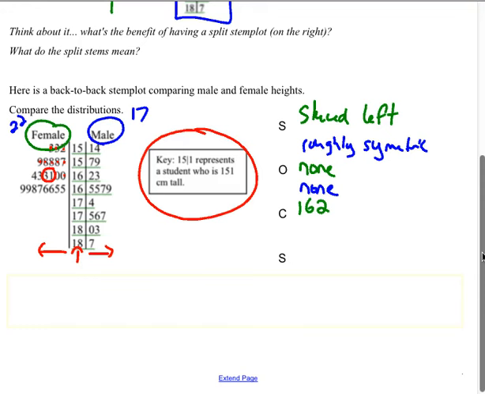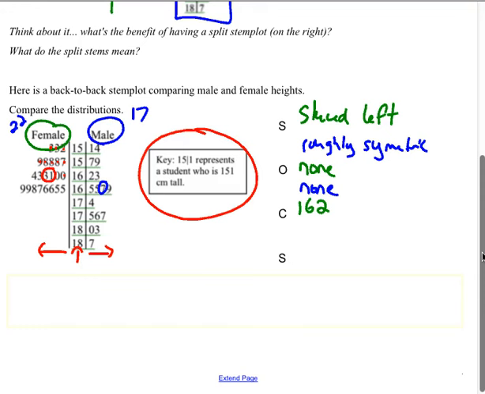For males, if there's 17 data points, it's exactly the middle point. So counting to 9 is going to be the 9th data point. So there's 8 above it, 8 below it.